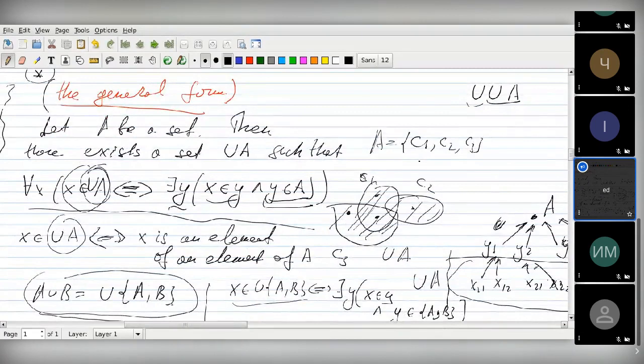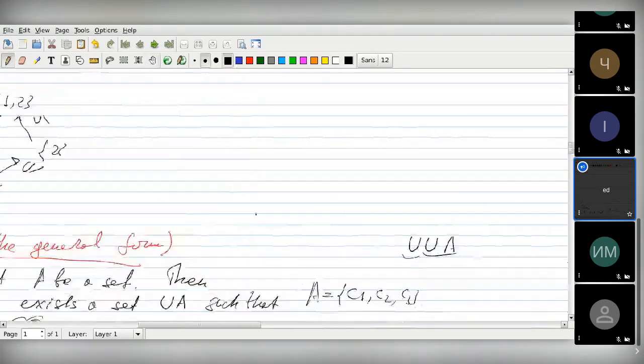It is for exploring the inner structure of your sets. In many constructions, this naturally appears.